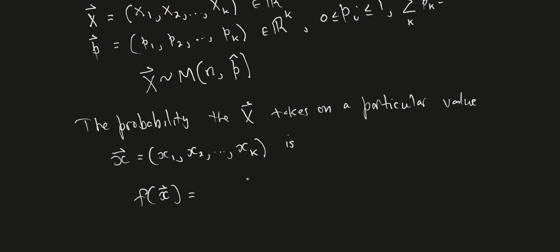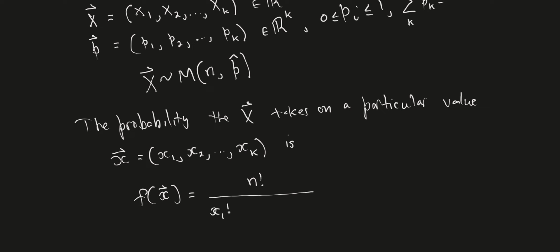Usually, well, we still have an n factorial in the numerator. That's convenient. But what changes now, instead of having an x factorial and an n minus x factorial, because there are so many other possibilities, it ends up looking like this.